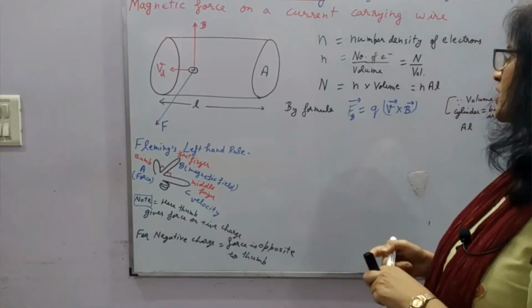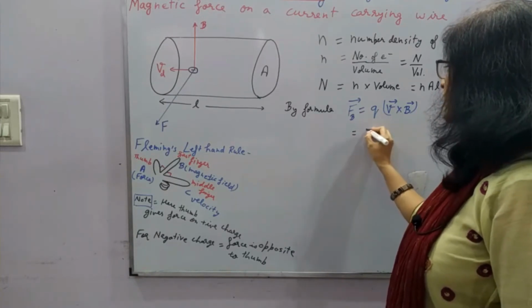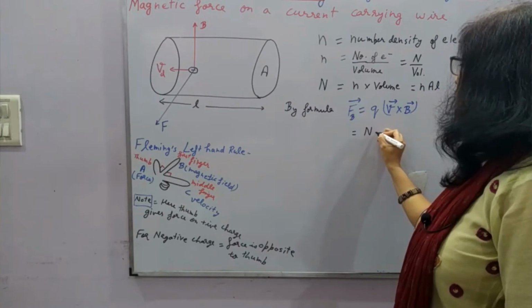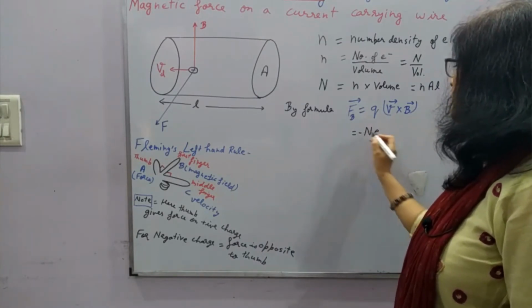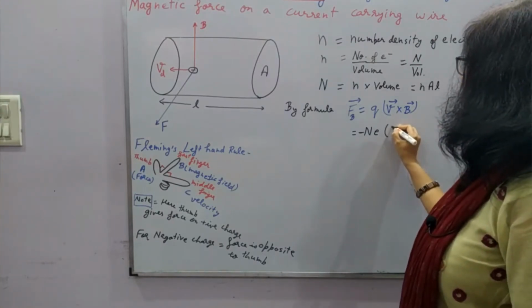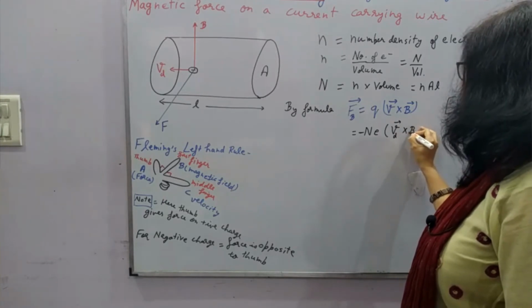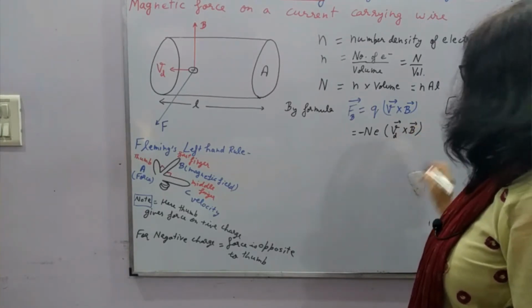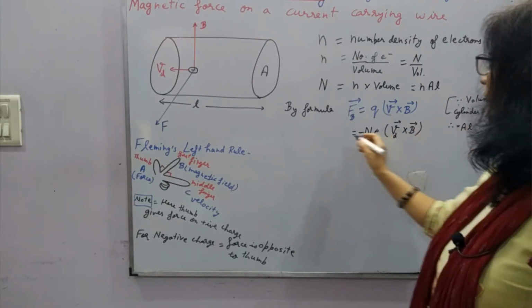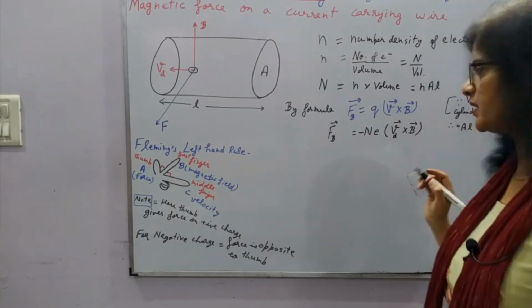Total charge is the number of electrons times the electronic charge, that is minus e, right? This velocity is the drift velocity here, and the magnetic field is as it is, right? So here this magnetic force can be written like this.